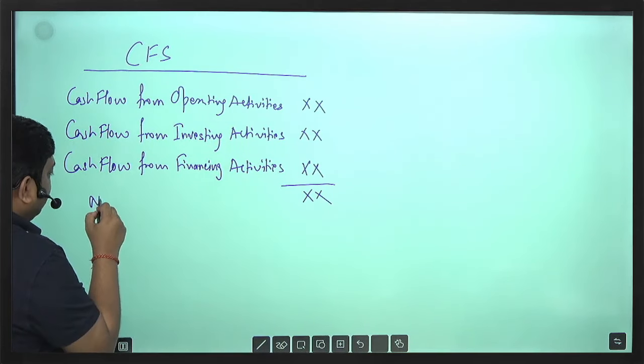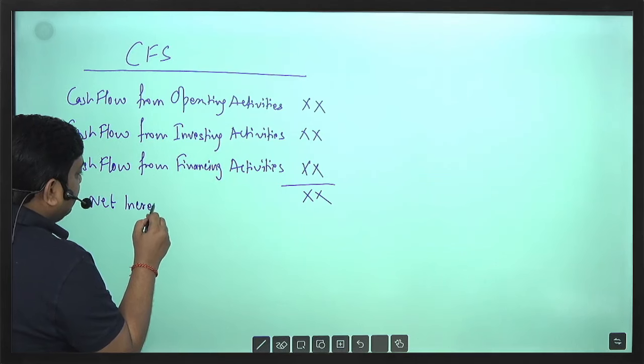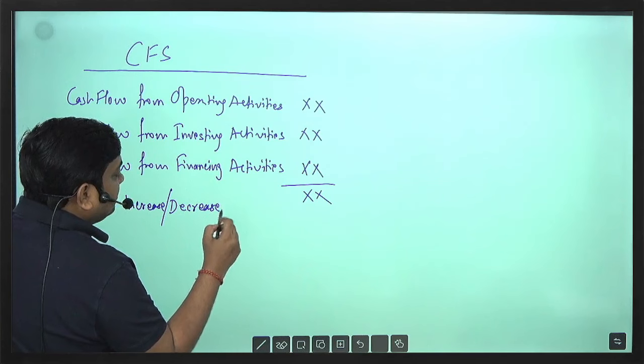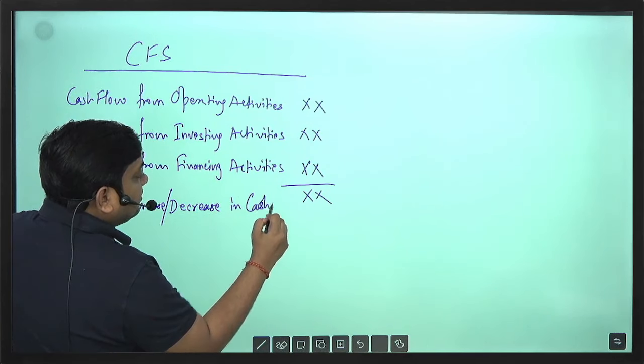So we get net increase or decrease in cash. Right?